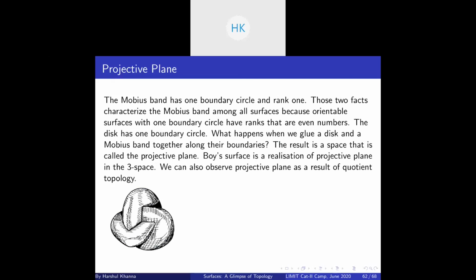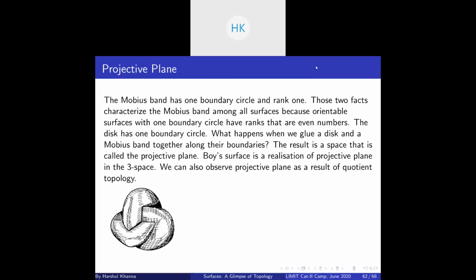The disk also has one boundary circle. So we have two surfaces with one boundary circle, the Mobius band and a disk. What is a natural thing to do? Glue them entirely along their boundary. The result you get is a projective plane.